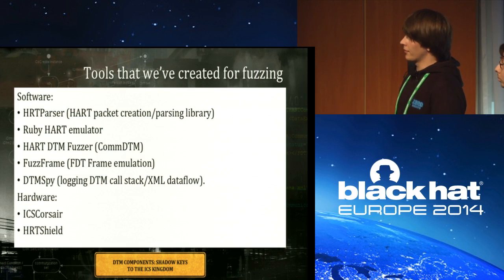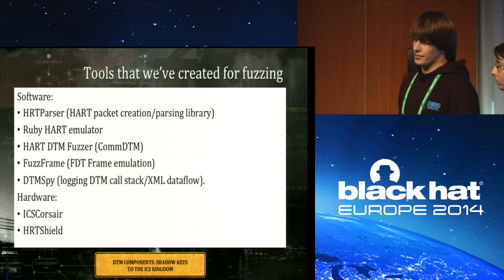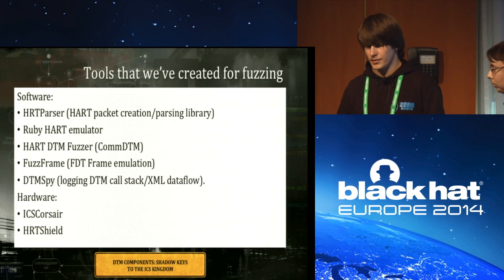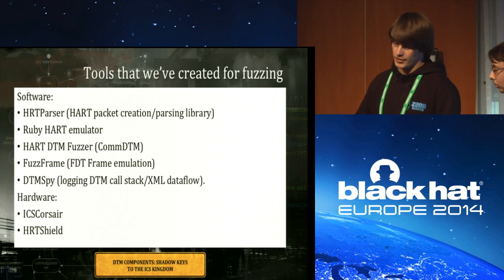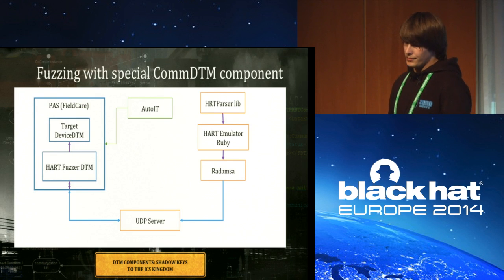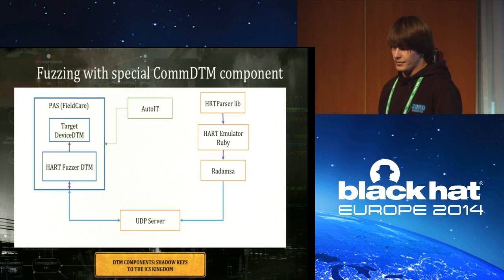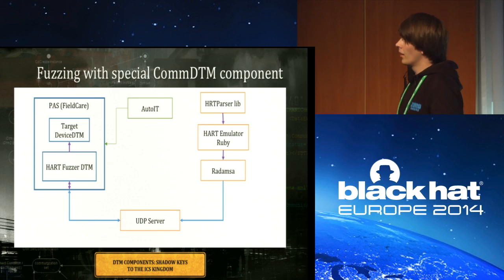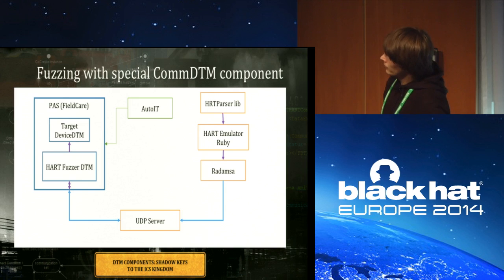And as I said before, we used a couple of hardware tools, such as ICS Cursor and HART Shield Arduino. The first way was a software-defined device simulation through our communication DTM component.